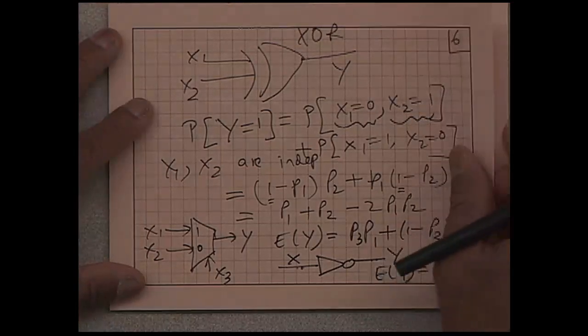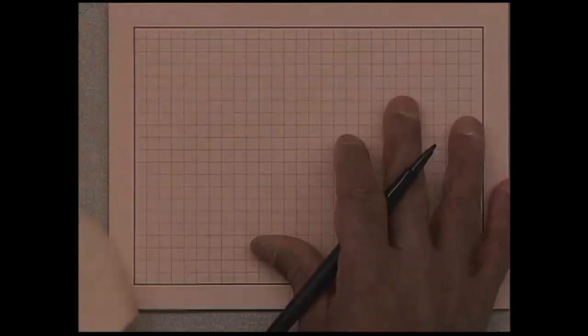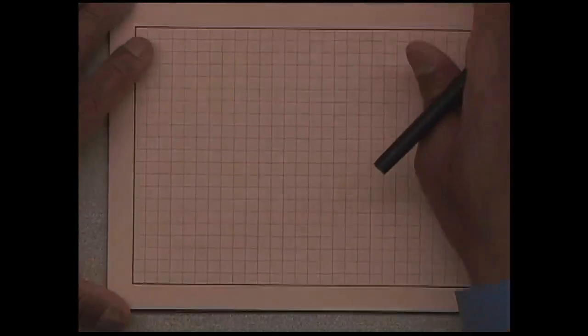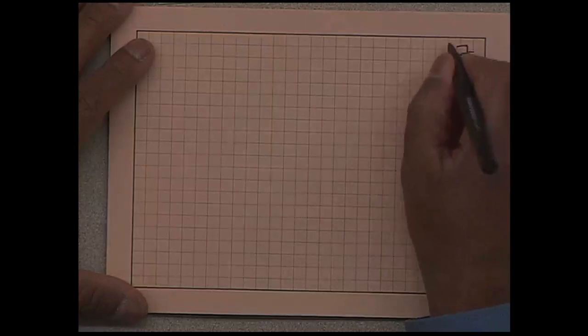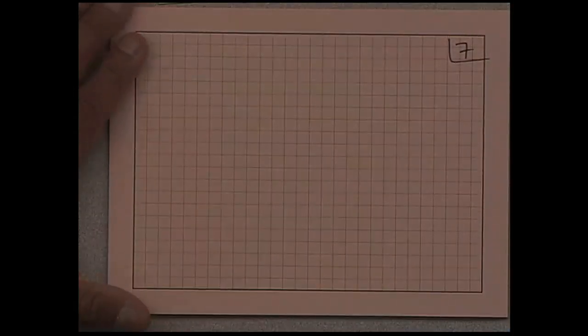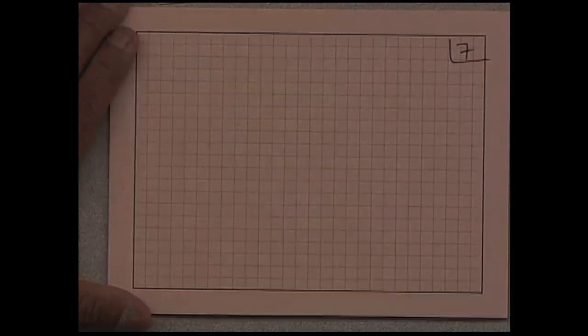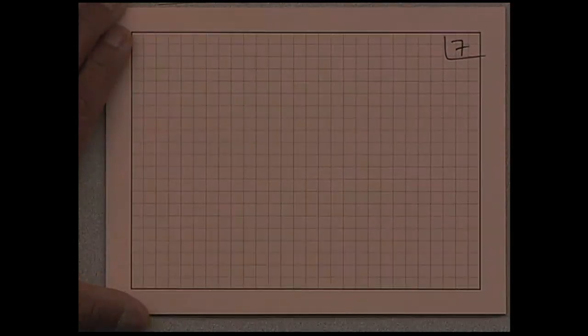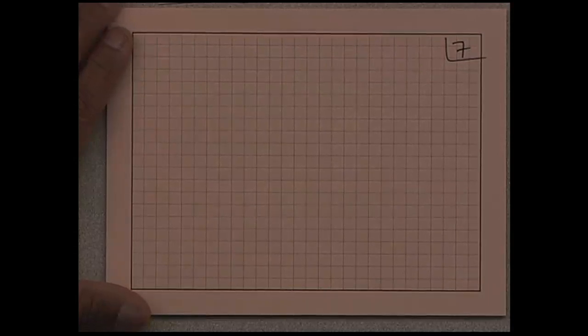So those are all simple examples of unipolar. We have been still talking about unipolar stochastic logic. We have not begun to talk about bipolar logic, which we will get to.